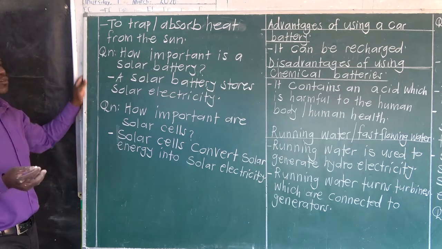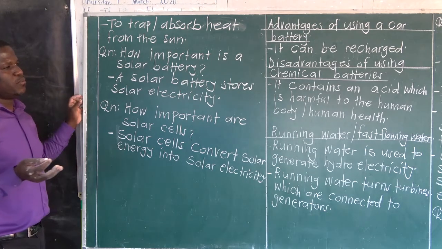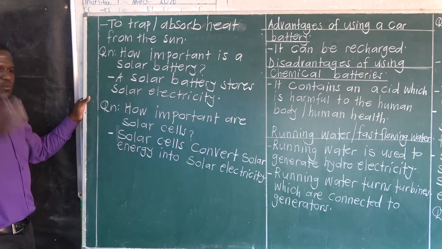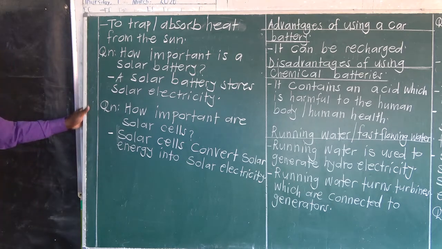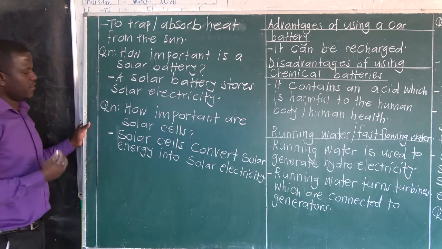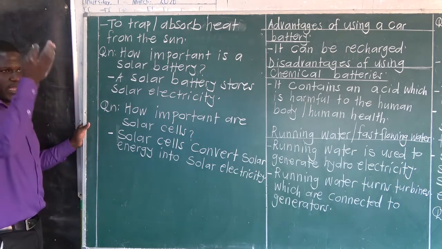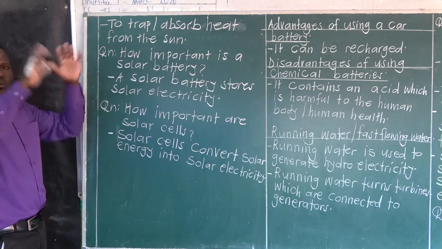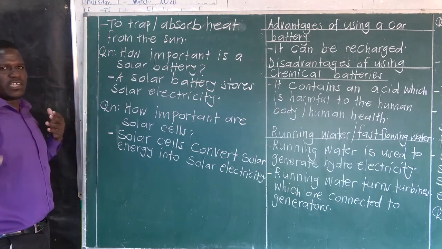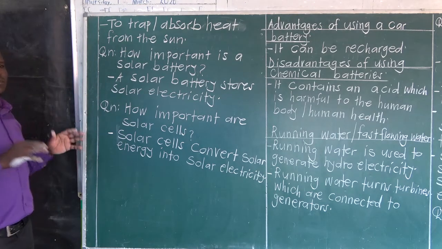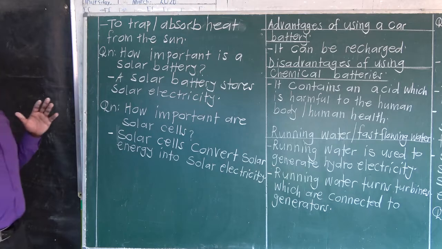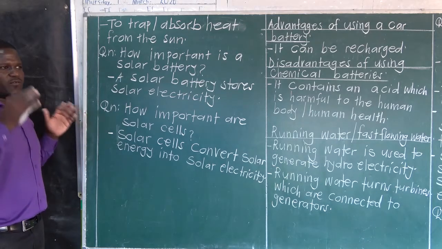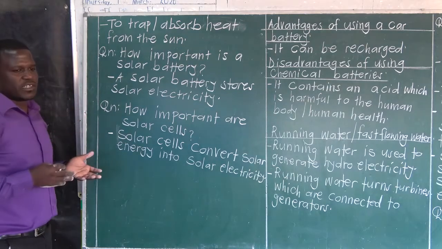They can even ask you, why are they put on tall buildings? Is to be able to trap enough heat from the sun. That's why solar panels are put on tall buildings in an open place, not near trees, because if you put them near trees, then the shade will prevent heat from the sun from reaching the solar panels.